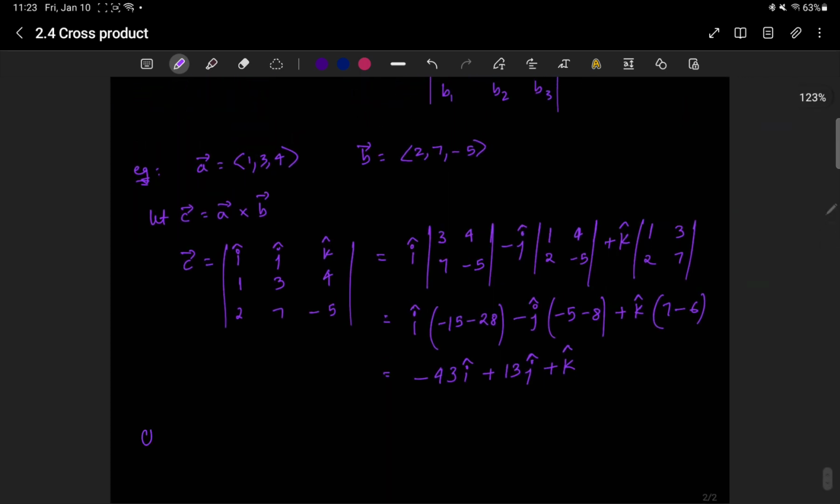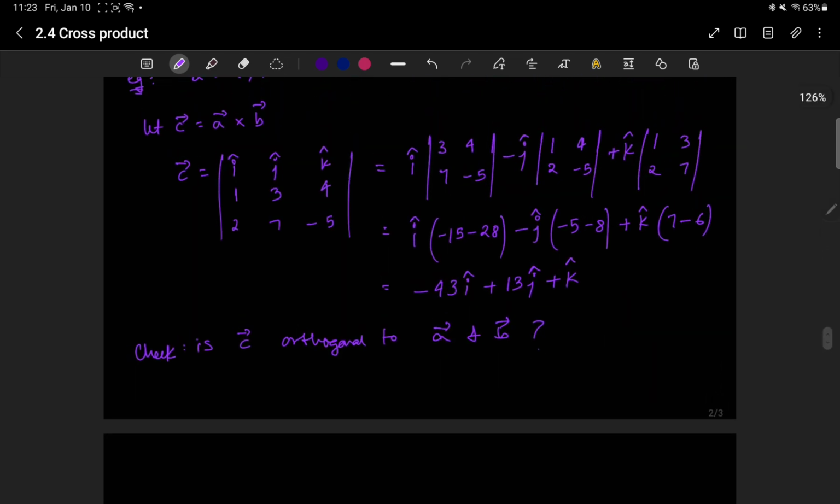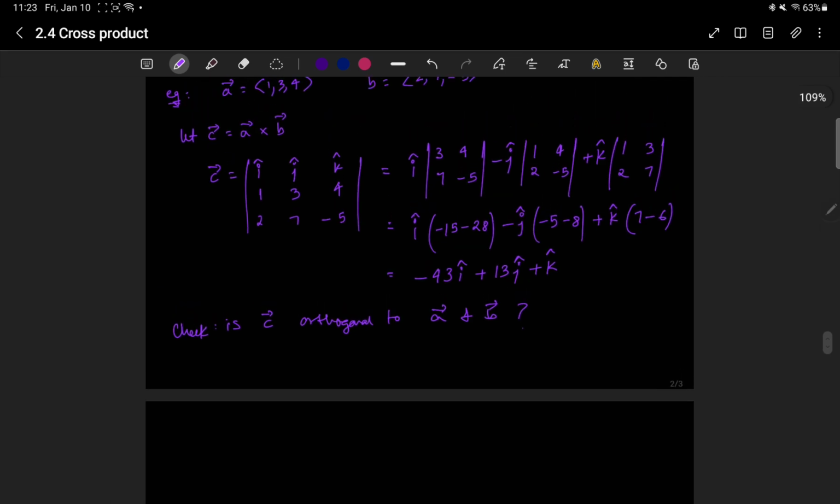Now check. Is vector C orthogonal to A and B? Well, I will check for A, and then you can try it for B yourself. How do we check that? To check orthogonality, all you have to do is take the dot product.